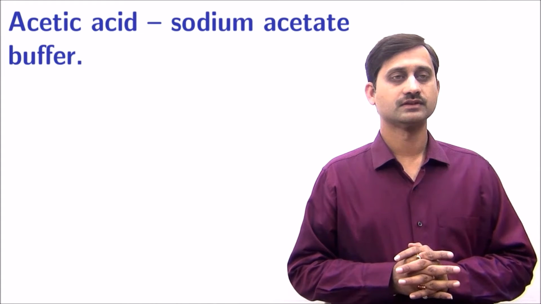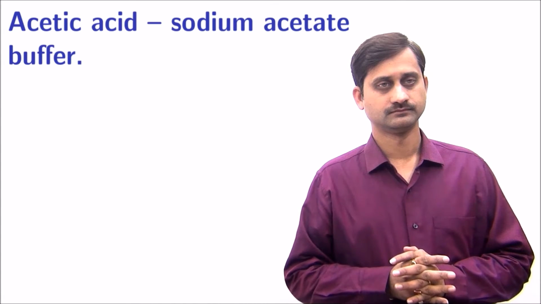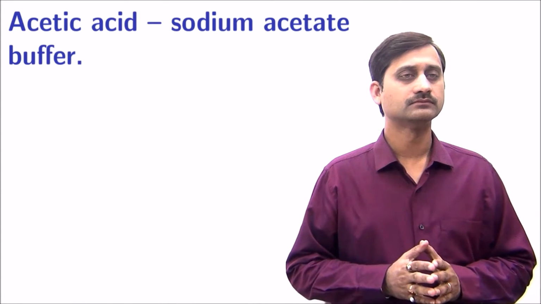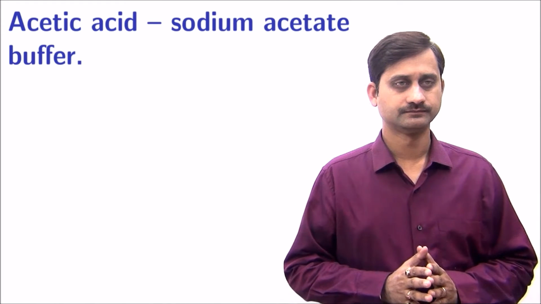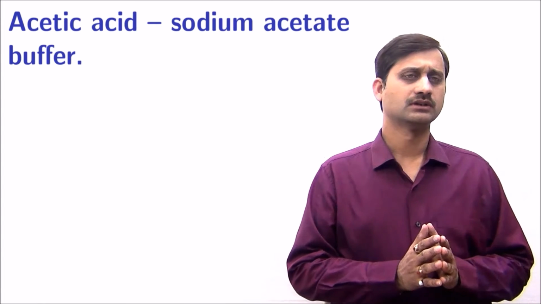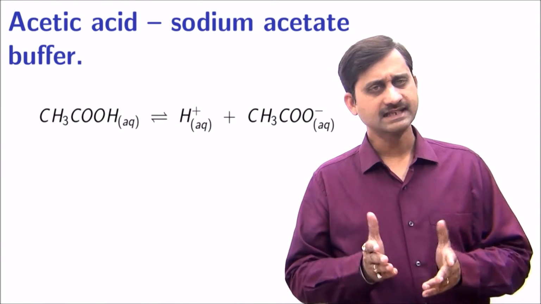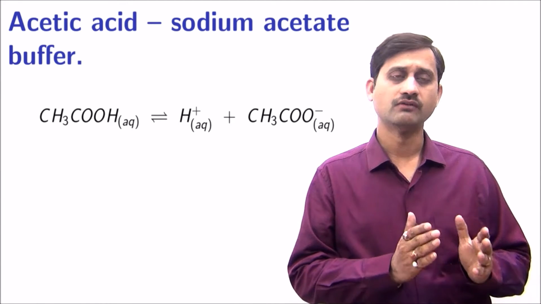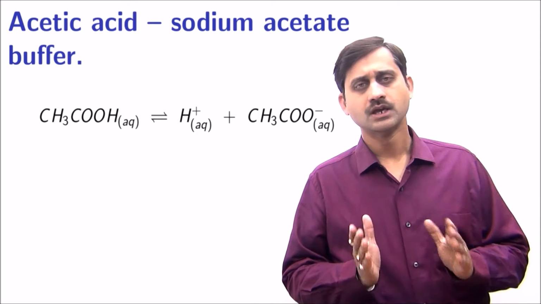Let us discuss one acidic and one basic buffer. The first one, acetic acid sodium acetate buffer. Let's have a relook at the dissociation of acetic acid. Acetic acid on dissociation forms acetate ion and hydronium ion.